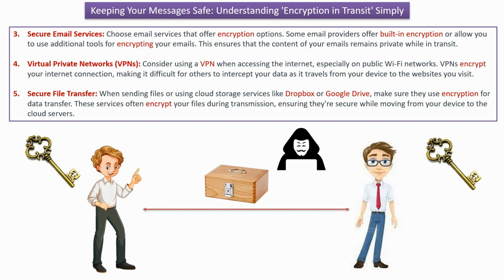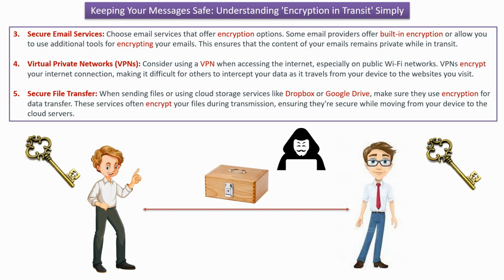The fifth point is secure file transfer. When sending files or using cloud storage services like Dropbox or Google Drive, make sure they use encryption for data transfer. These services often encrypt your files during transmission, ensuring they are secure while moving from your device to the cloud servers.